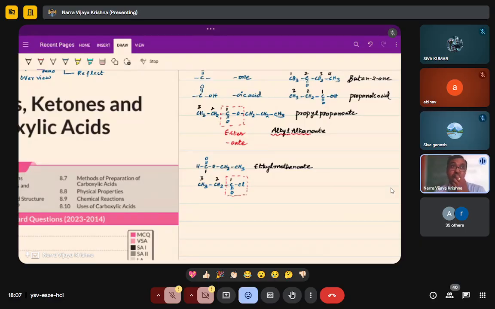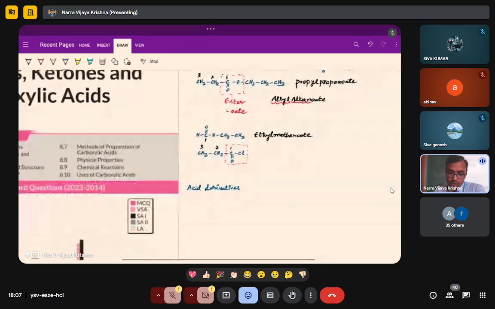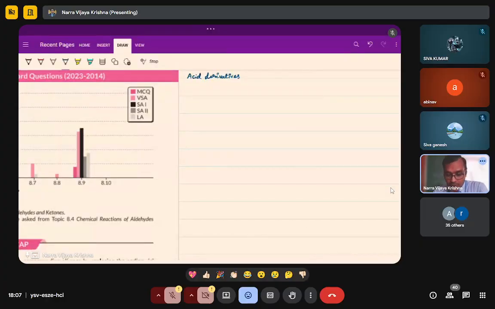All these are carboxylic acid derivatives. What we call them are acid derivatives. Acid derivatives means those which are obtained from acids. This is a carboxylic acid, right?